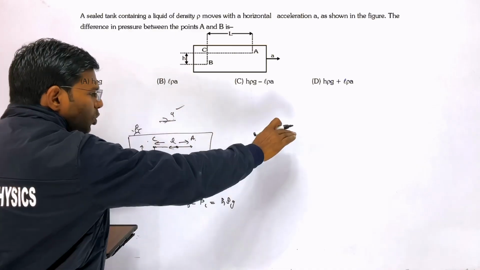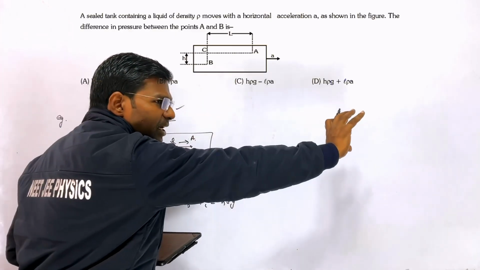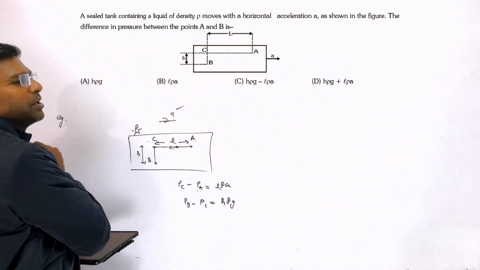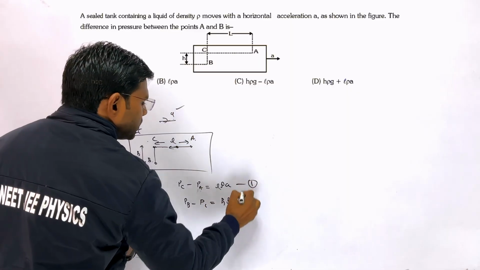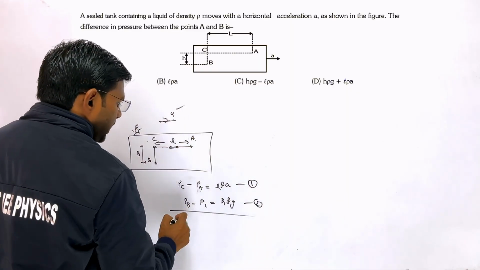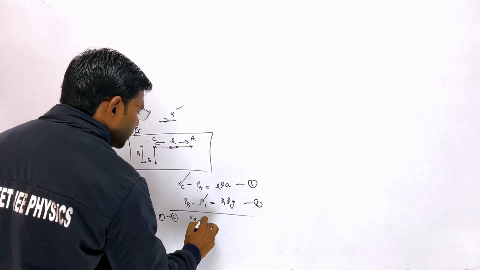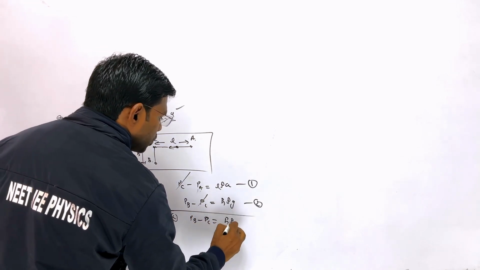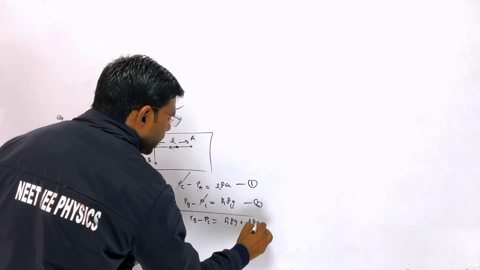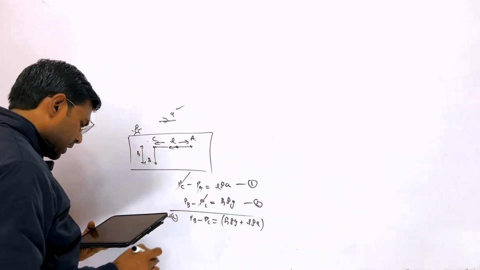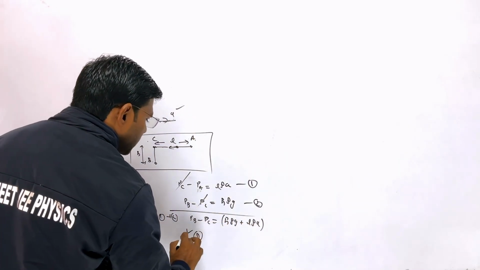In the horizontal direction, if it is accelerating in this direction, the pressure is increasing in this way. This is equation 1, this is equation 2, right? If you add them, 1 plus 2, PB minus PC is equal to H rho g plus rho L into A. So which option is correct? The D option is the correct option.